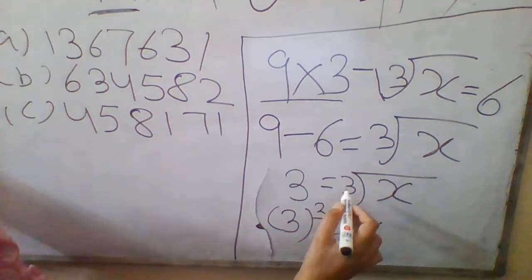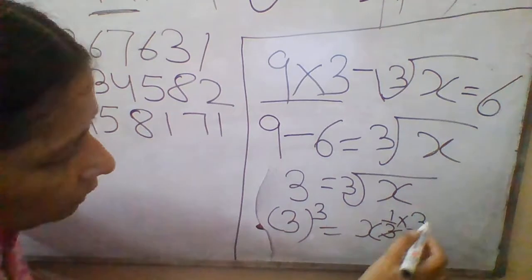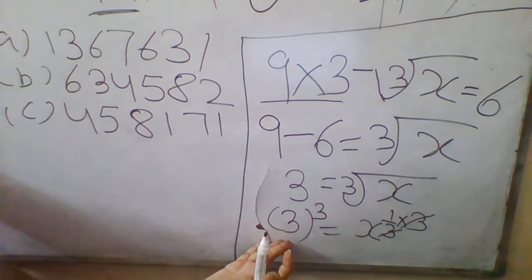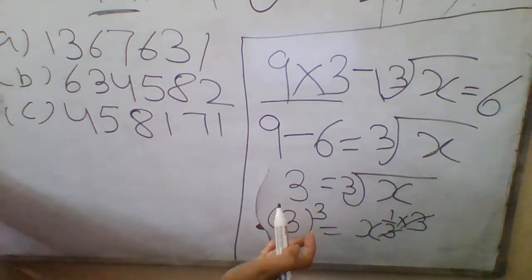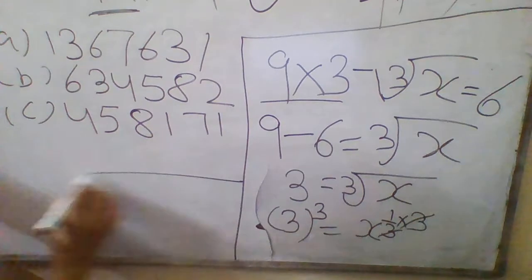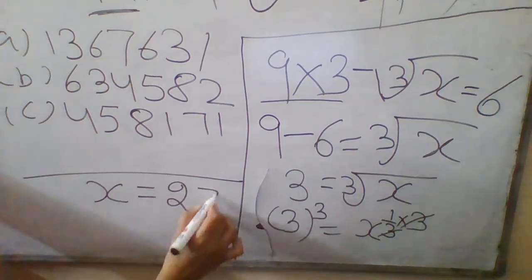Now this is 1 by 3, so 1 by 3 into 3 will cancel out. So what is the value of x? 3 to the power 3 is the value of x. So here your x is equal to 27.